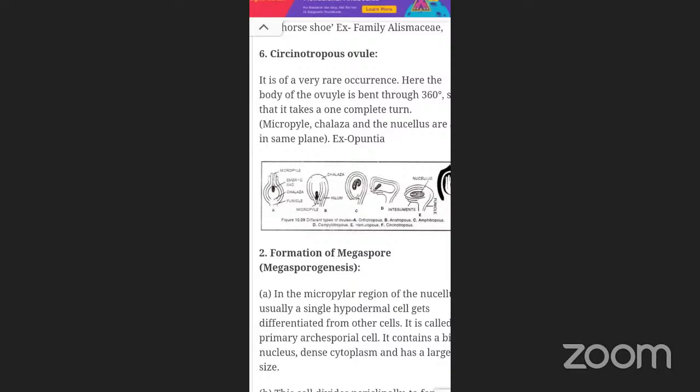So, basing on the location and the cytological features, many believe it serves the function of a nutrient tissue like the anther tapetum. So, mainly to produce nutrition for the megasporangium.